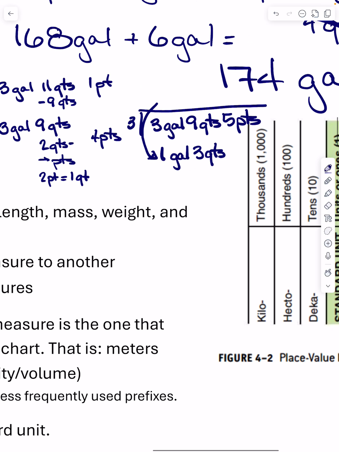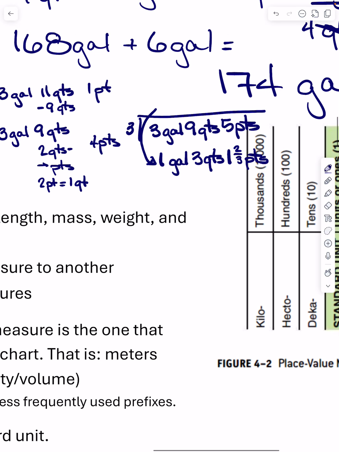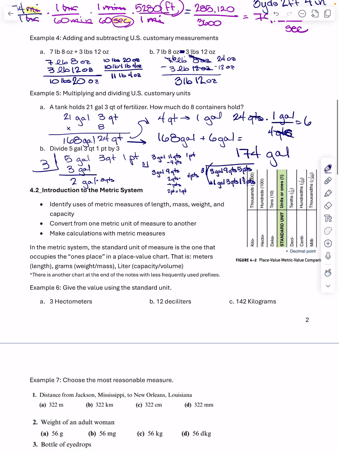And then I've got 5 pints divided by 3. 5 over 3 is 1 2/3 pints. I apologize. I will fix these notes for next semester and give us more room. Hopefully that makes more sense.